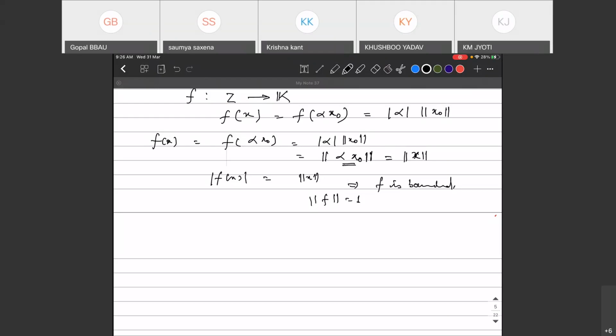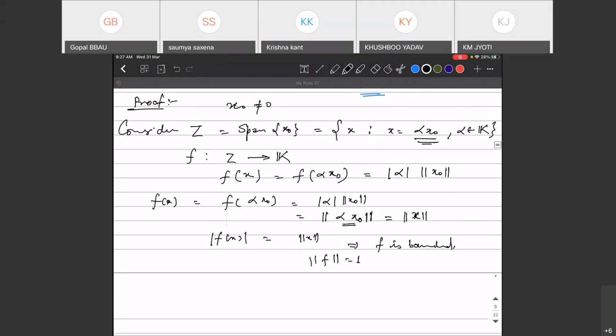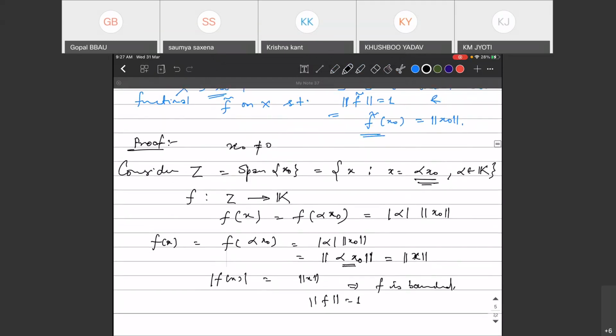So is this okay? So far it is okay? I take it is okay. So far what we did: we found a linear functional on the subspace spanned by x naught with the desired property.